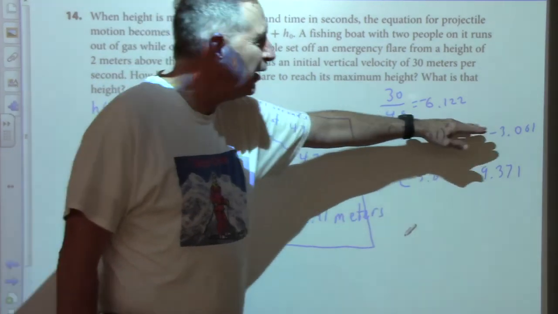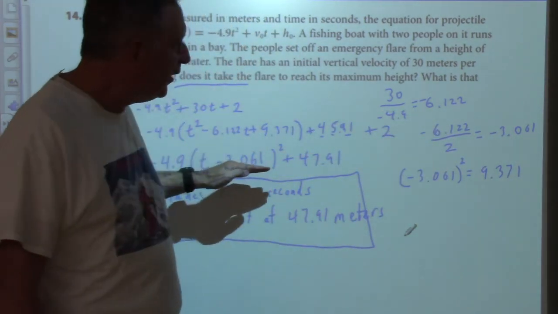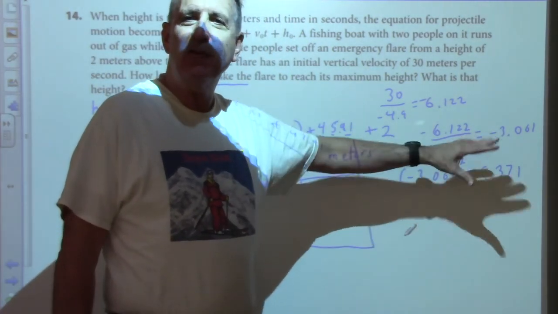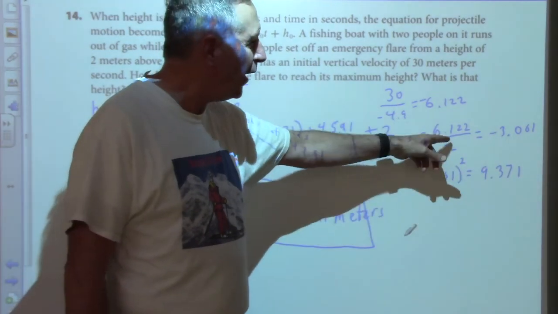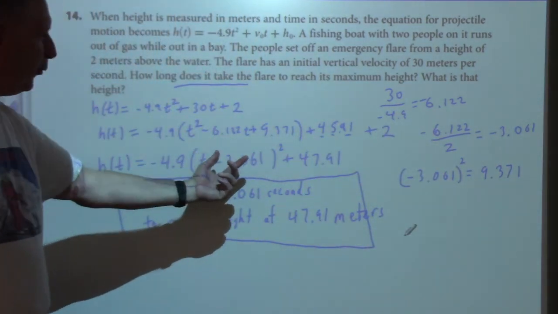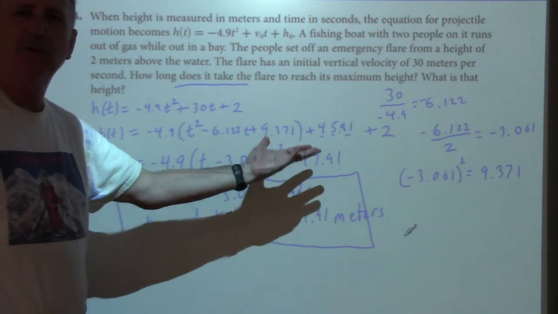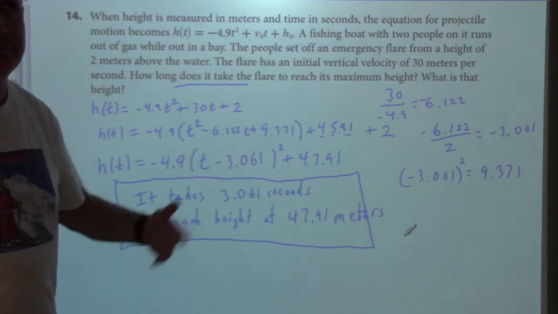And so inaccuracies are going to compound the less you take it out. And so that's why 3 decimal places at this level is usually going to be good enough. But again, that's a matter of opinion.